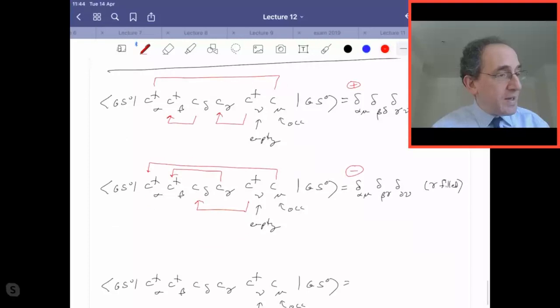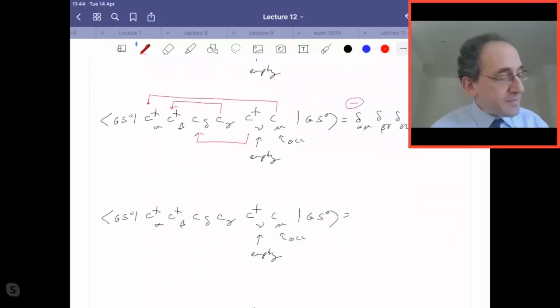Okay, this term here, I'm going to match up mu with beta. Nu, well, I can match up with either one. Let's match up this one with maybe this, and then gamma can be matched up with alpha, like this.